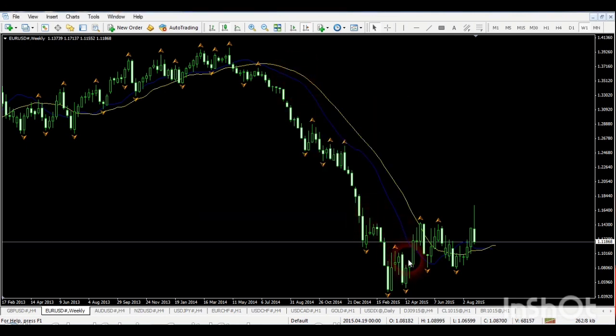What I put on my yellow line was 17 and 6. When it breaks the blue line, you can put your target on the wall of this yellow moving average.